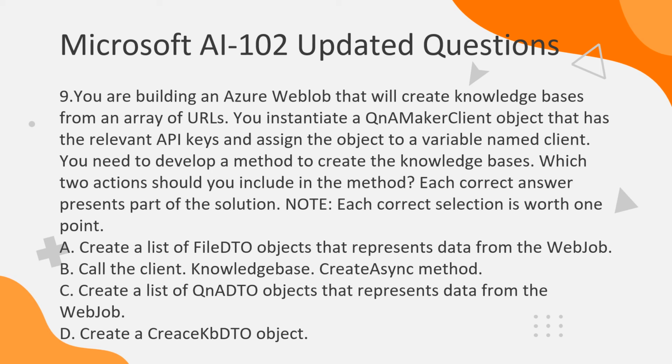Note: each correct selection is worth 1 point. A. Create a list of FileDTO objects that represents data from the WebJob. B. Call the client.Knowledgebase.CreateAsync method. C. Create a list of QnADTO objects that represents data from the WebJob. D. Create a CreateKbDTO object.